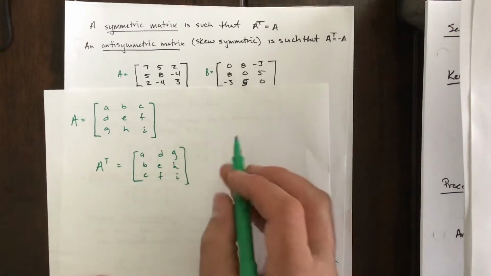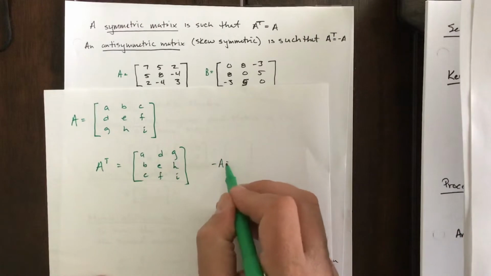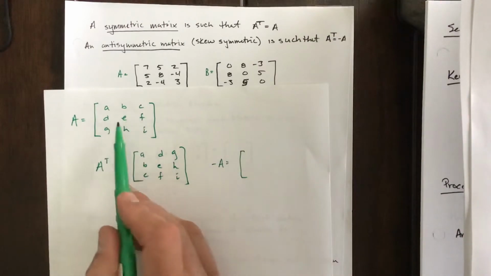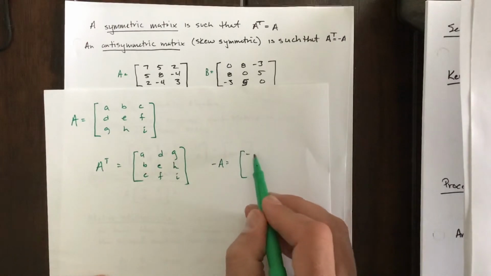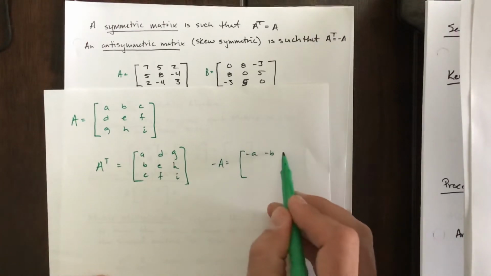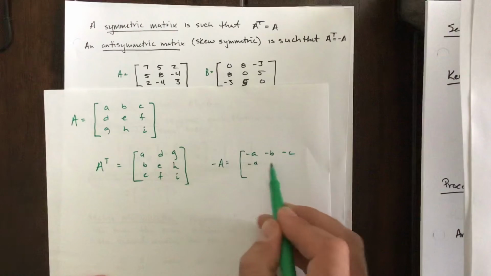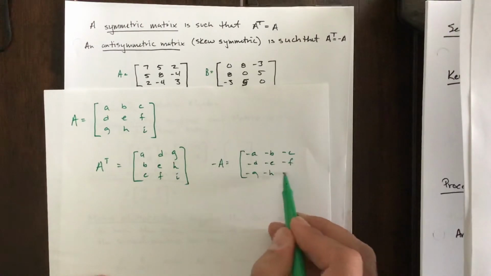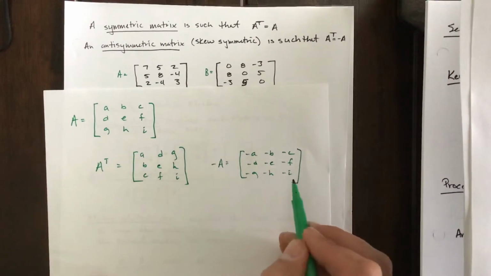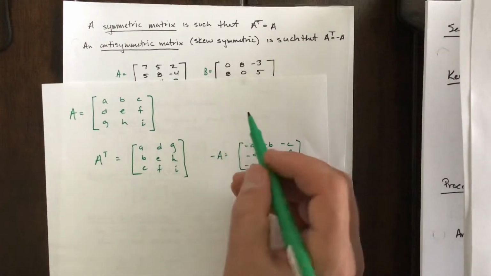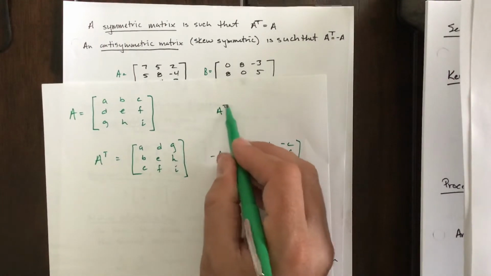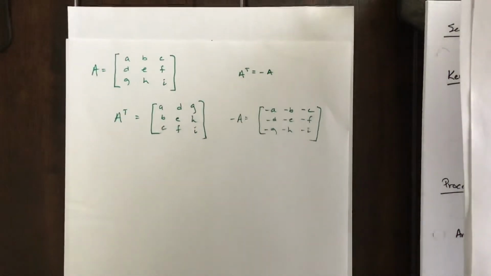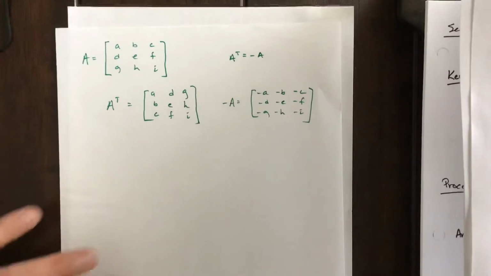And negative A would be the opposite of all the entries in A. So minus A, minus B, minus C, minus D, E, and F, minus G, H, and I. Now, skew symmetric means that A transpose is equal to negative A, which means we have to match these up component-wise.